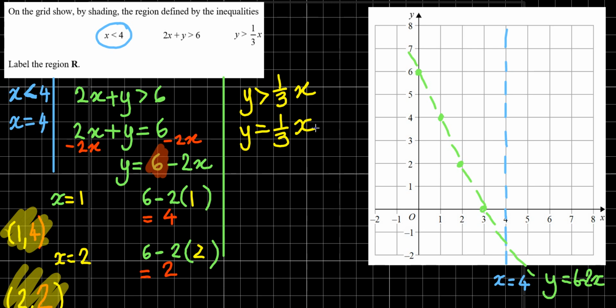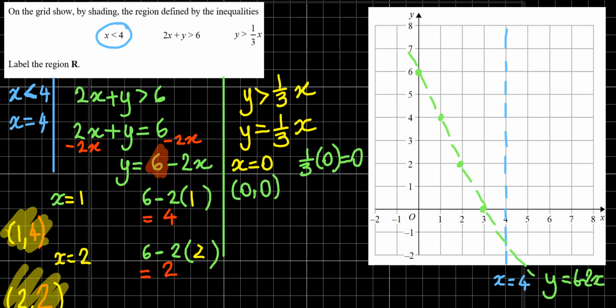But because I'm trying to draw the graph, I can write the inequality as equal, and I just substitute in values for x. So when x is 0, y is 1/3 of 0, which is 0. So our first coordinate is 0, 0.